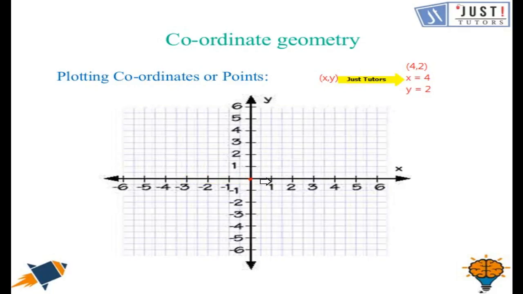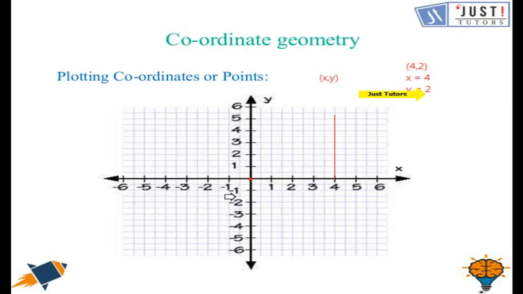If we move 4 units, 1, 2, 3, 4, we end up here. Here we draw a perpendicular line to the x-axis from 4, like this. Now we come back to the origin and move the dot 2 units, since y is 2.